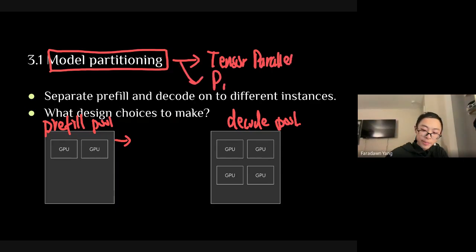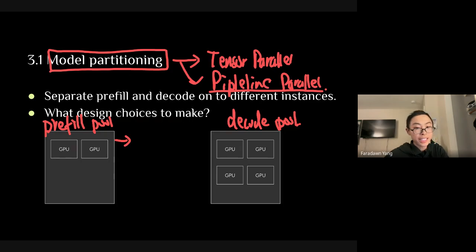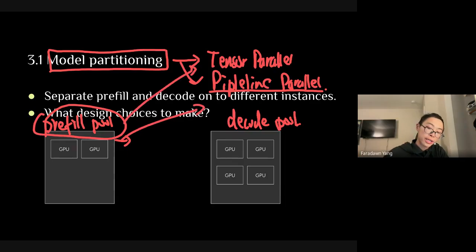There's also pipeline parallelism. Should you use tensor parallelism on the prefill pool or decode pool? Or should you use the pipeline on some of them? How to decide? And indeed, it makes a big difference. Each of these is good for only one of these partition methods.